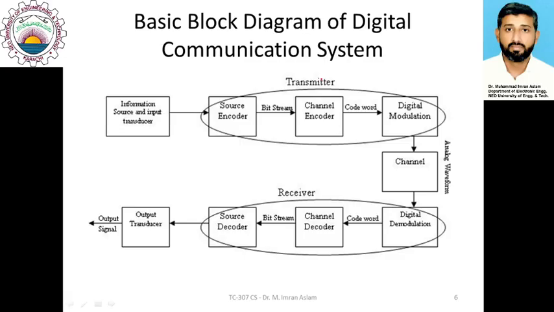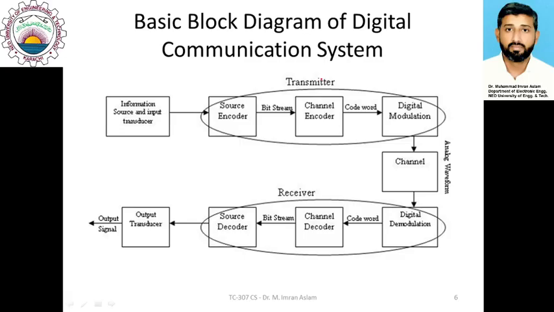Those additional bits do not contain any information, but they are added with a certain rule or in a specific fashion, so that if any error appears during transmission, it can be detected at the receiver side. So this channel encoder generates the error detection capability, and in specific cases it may be able to generate the error correction capability.